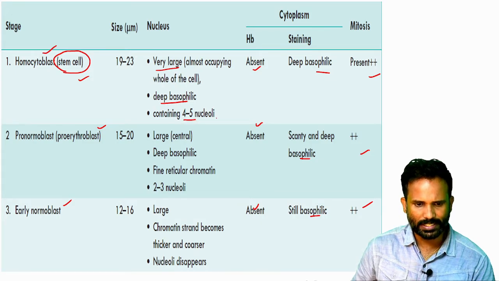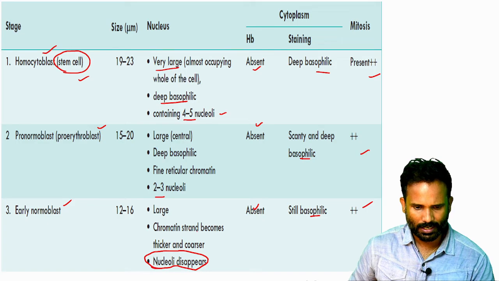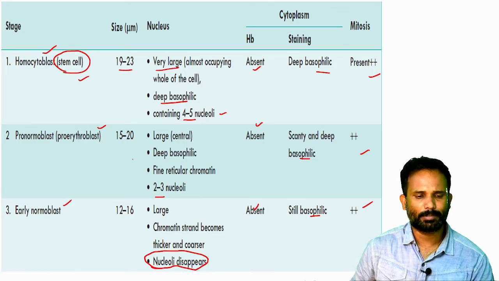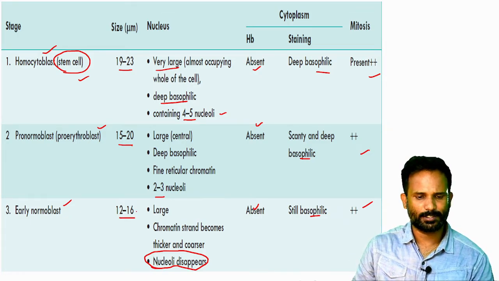Here the nucleus has 4 to 5 nucleoli, and that decreases to 2 to 3 nucleoli, and the nucleoli disappear in the early normoblast. And if you see the size, it is 19 to 23 microns here, 15 to 20, then 12 to 16. So the size is decreasing.